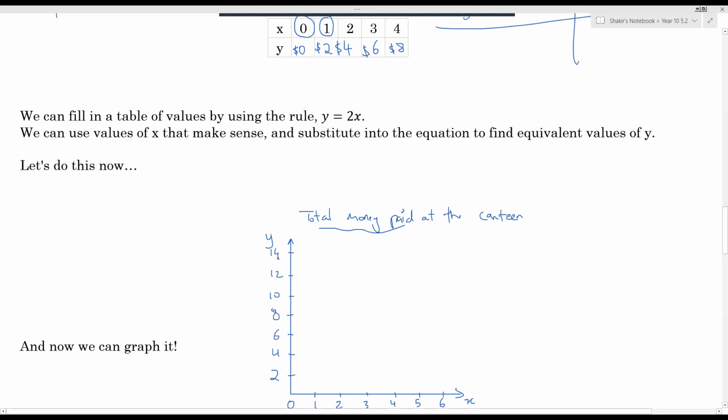Okay, so it's very important that you understand that if you decide on a scale for one of your axes, so your x-axis or your y-axis, and you decide to go up by 2s, by 100s, by 5s, whatever you decide to go up by, stick to it. Okay, and you always have to start at 0. Yes, just always start at 0.